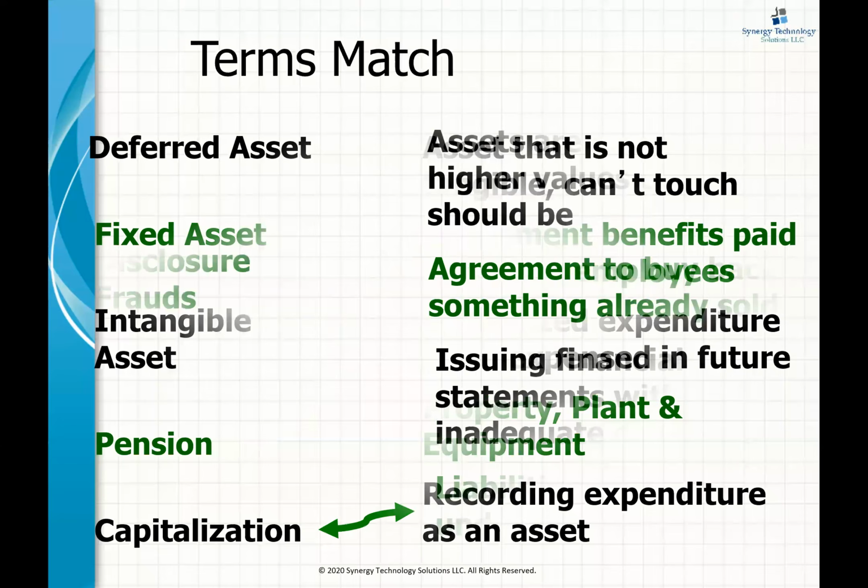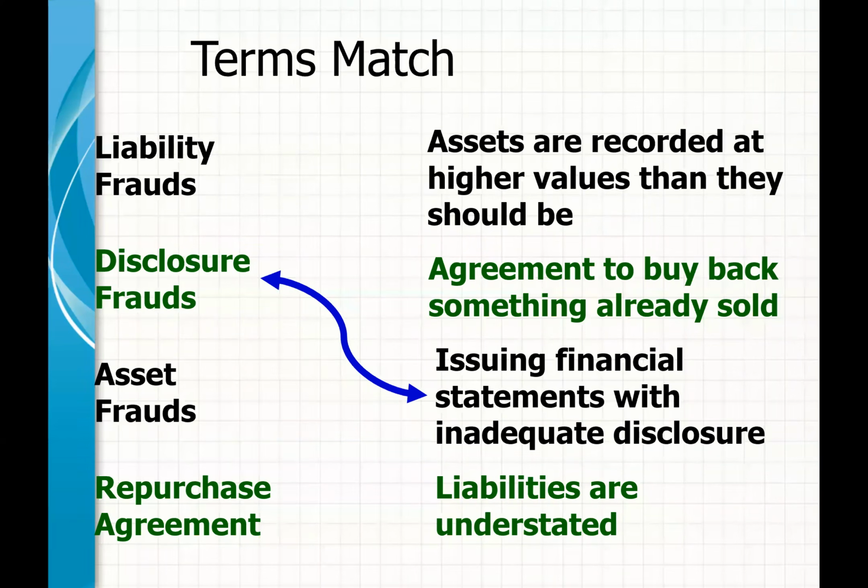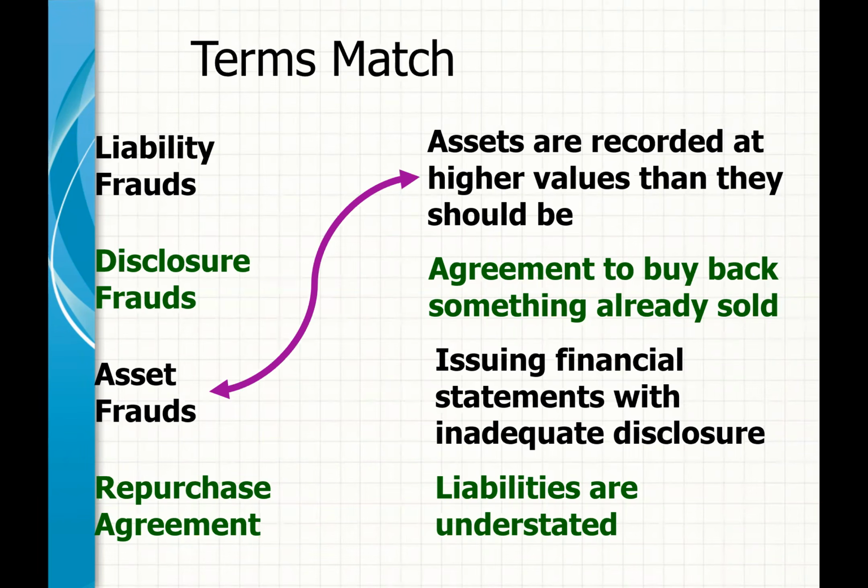Capitalization of assets. Now, liabilities fraud, like we talked about, the liabilities are understated. Disclosure fraud, that is issuing financial statements with inadequate disclosures or with necessary disclosures not there. Asset fraud: the assets are recorded at a higher value than they should have, the valuation issue.